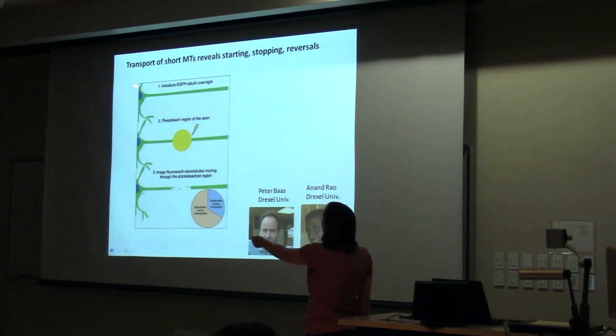They fluorescently mark all the microtubules. But with so many microtubules all fluorescently marked, you can't pick out the motion of any individual one. So next, they photobleach a region of the axon, and then they wait. A small microtubule that gets carried into this region is now visible, and they can track its motion.